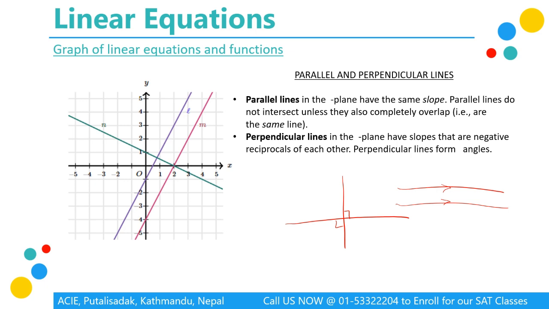Over here, it's also stated, parallel lines in the xy plane have the same slope. Parallel lines do not intersect unless they also completely overlap. So neither do they ever intersect, except when they're overlapping each other, so all of their points coincide with each other.